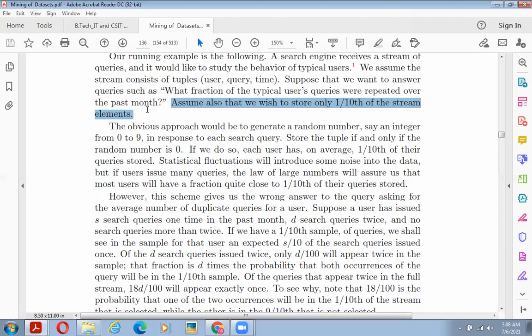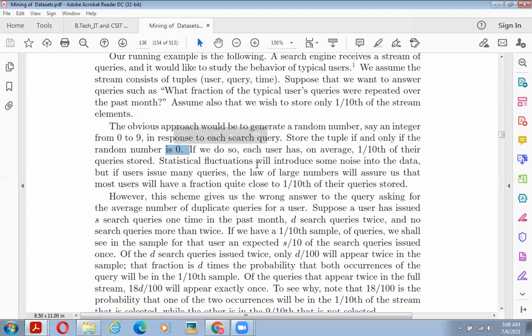The obvious approach to generate a number is to pick an integer from 0 to 9. So out of every 100, we are only taking 10, represented as 0 to 9 in response to the search query. Now store the tuple if and only if the random number is 0.